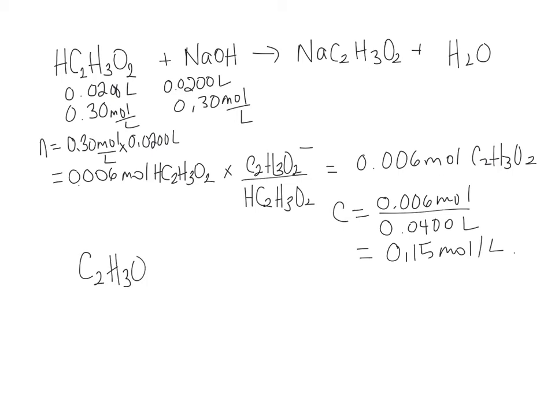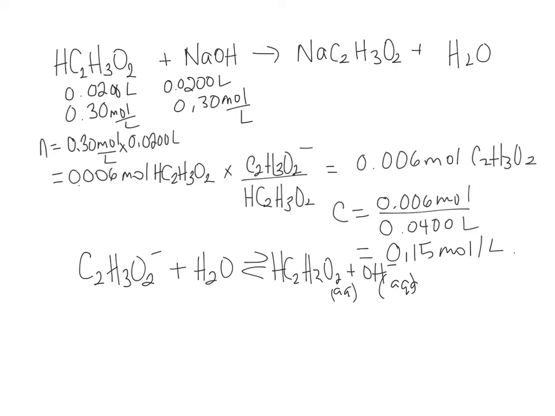So now we know our conjugate base will form an equilibrium with water to produce acetic acid and hydroxide ions. Okay, so this is where we need to start from next.